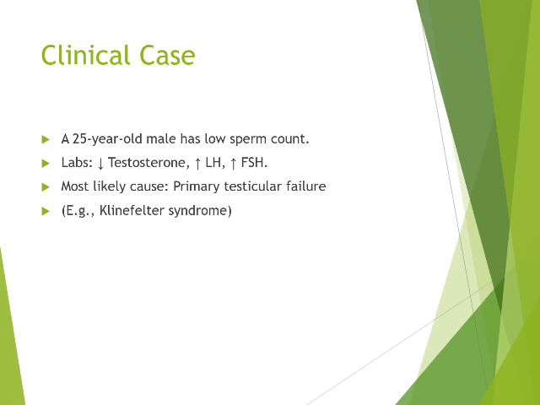If the FSH and LH are quite high and the testosterone and the sperm count are low, this is primary testicular failure. And there are syndromes like Klinefelter syndrome, which is a genetic abnormality, but sometimes it happens without chromosomal abnormality.